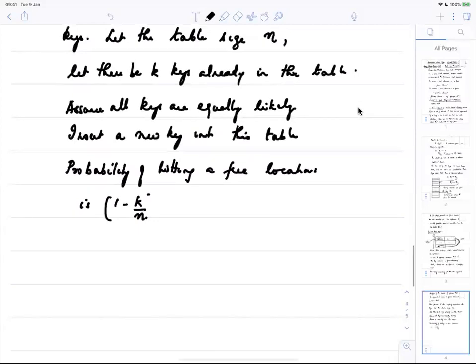Okay. So on the first trial itself, let me call this P1, which is equal to 1 minus k by n, or n minus k by n. That means 1 probe.